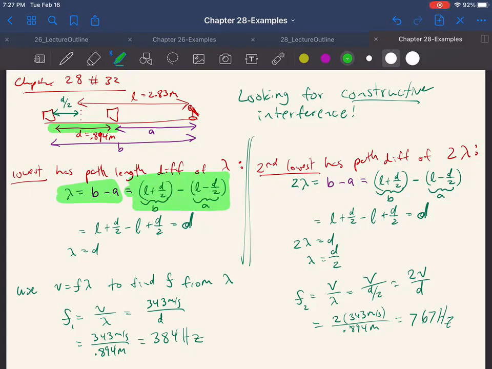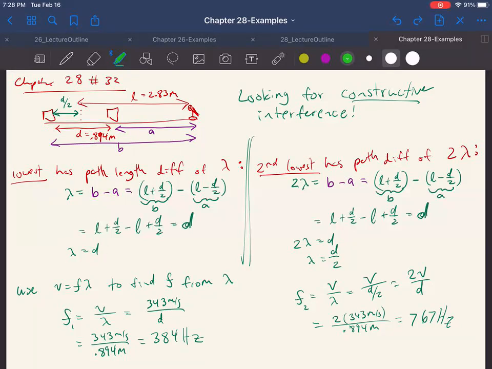The other is L minus D over 2. So the distance between them is just D. But that should make sense because if you're just looking at the picture, that's just the distance between the two speakers. So that's our path length difference right there. That's our wavelength difference right there. So lambda simply has to equal the distance between the two speakers then at that point for the lowest frequency with constructive interference.